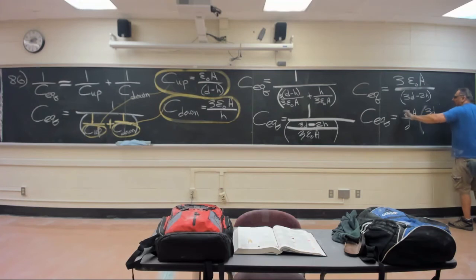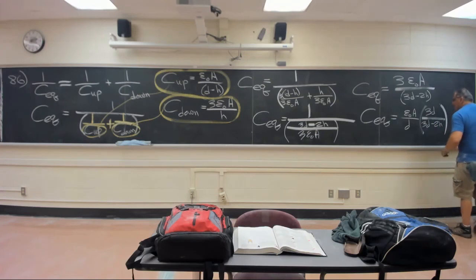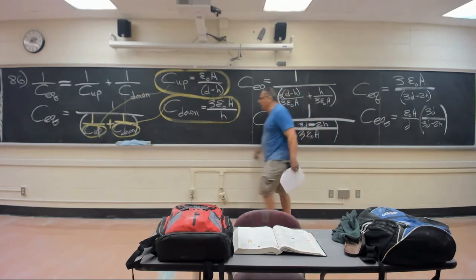Then you introduce division by A, but then you introduce multiplication by D. In here, you can divide the top by 3D, divide the bottom by 3D. And they think that looks a little better, and they're probably right.